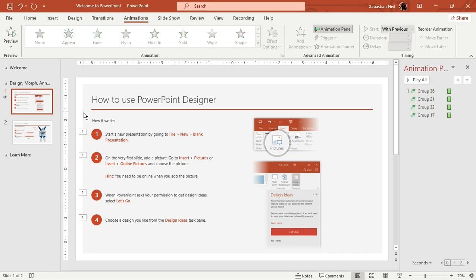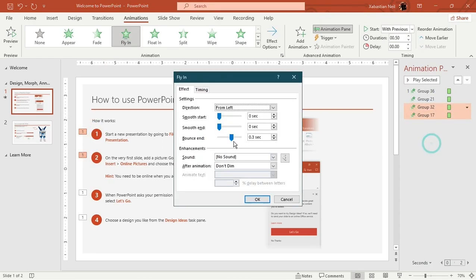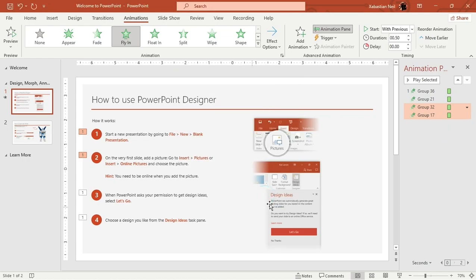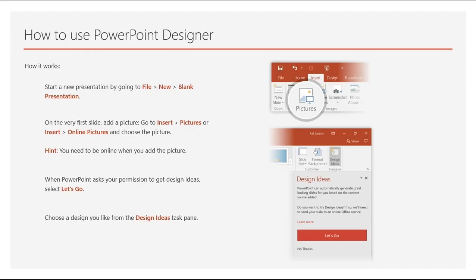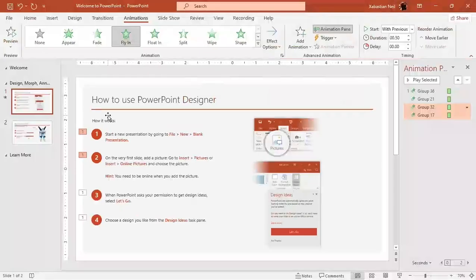And for these ones, I'm going to do the same thing: Effect Options, 3 seconds. Okay, let's see how this works. So this is how it will work, but if you change the duration to 1, we can also do that.